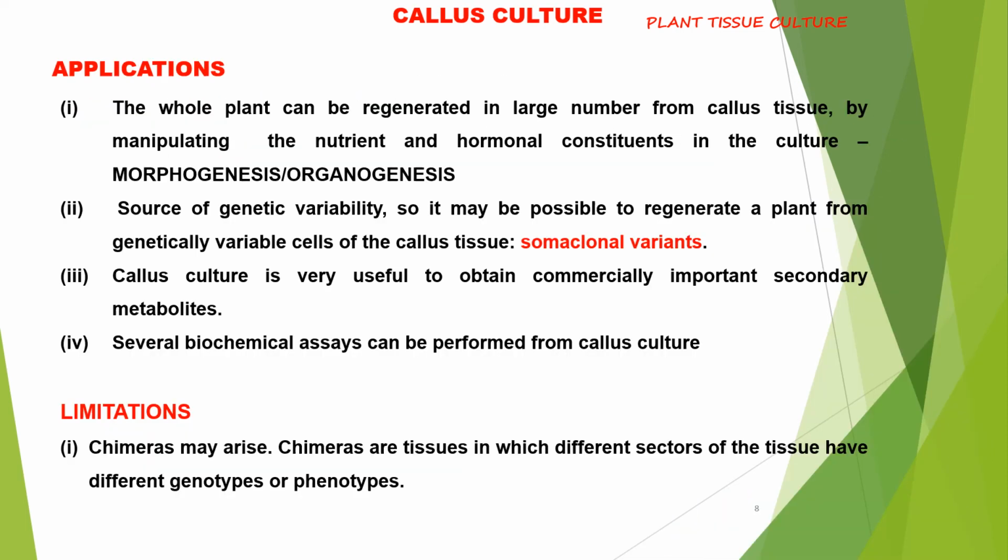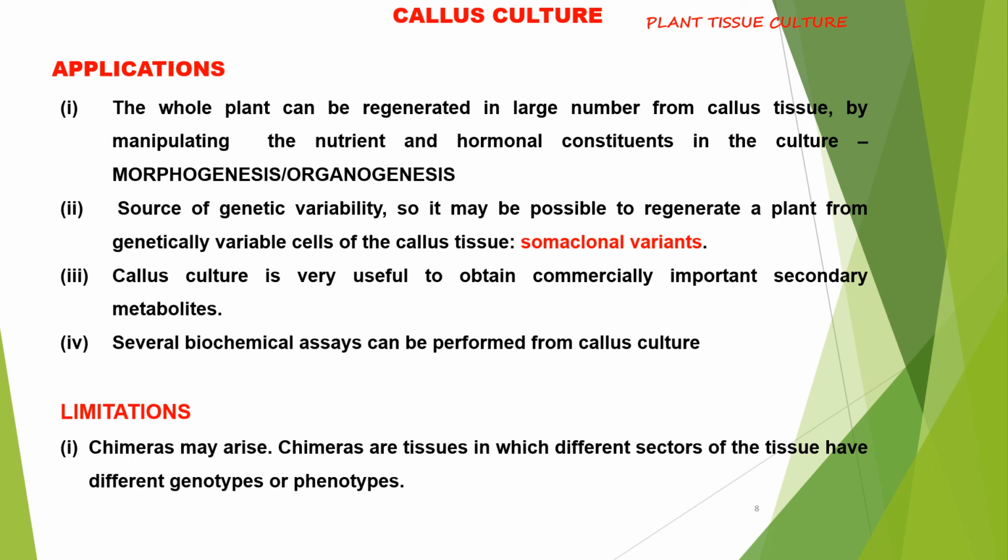Applications of callus culture. The callus culture can be induced for organogenesis or embryogenesis by manipulating the growth hormone concentration. Hence, one can get a large number of plantlets from the callus. Now, callus can be a source of genetic variability, leading to the formation of somaclonal variants.